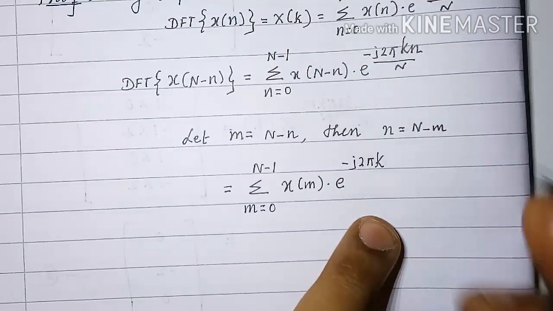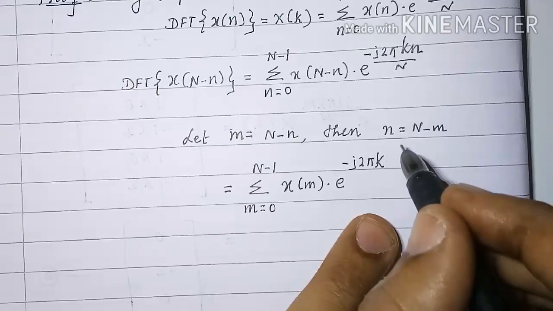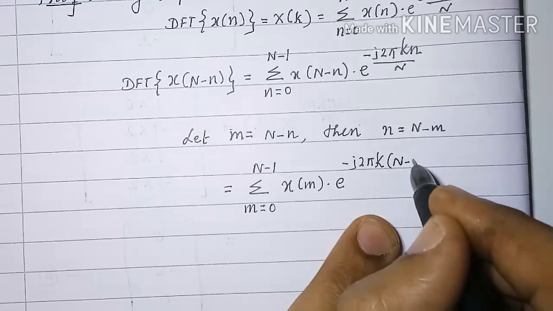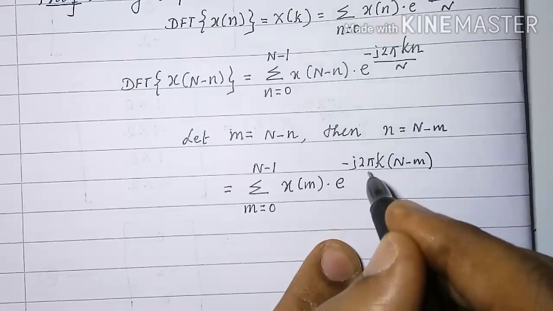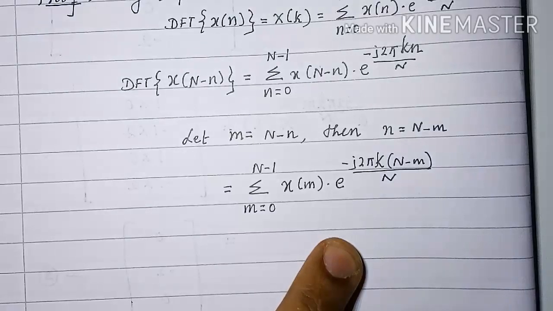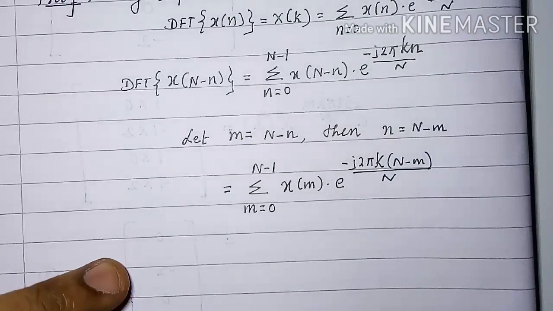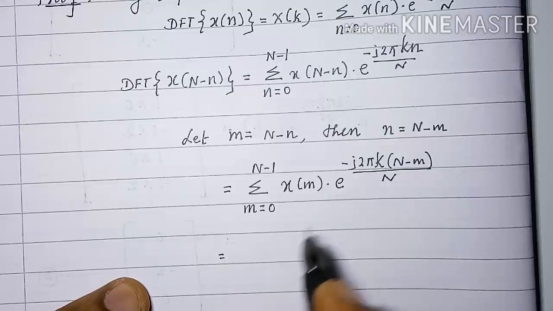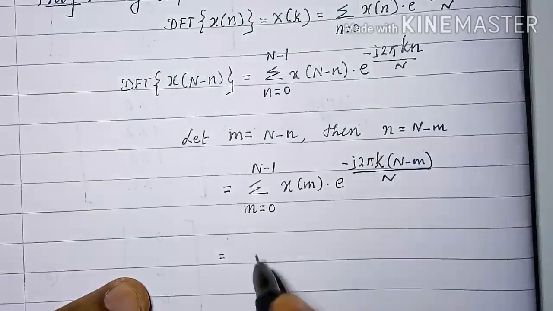e raised to minus j 2 pi k. In place of n we will put capital N minus m, and here we will divide by capital N. I will expand this exponent part.